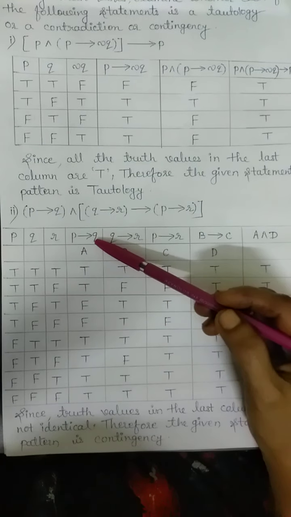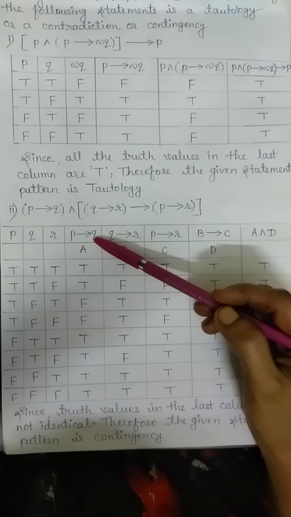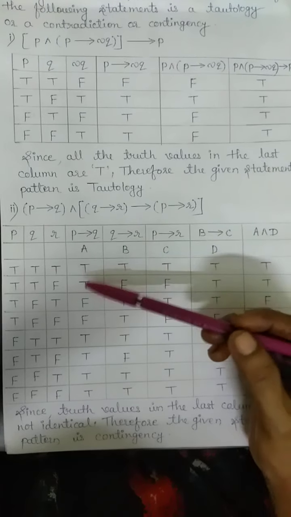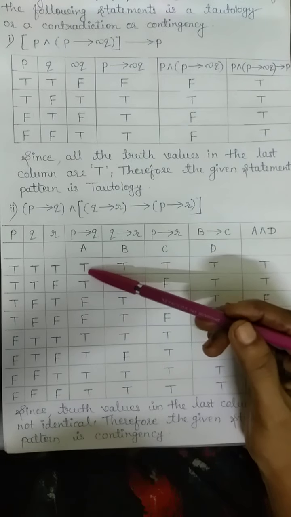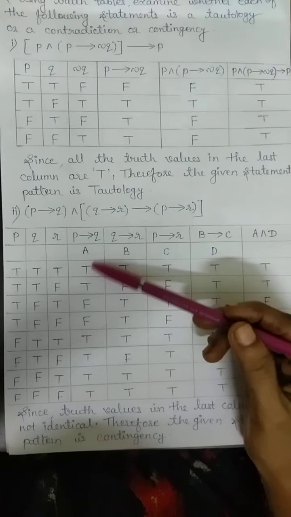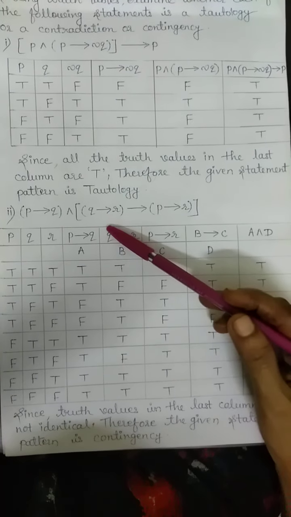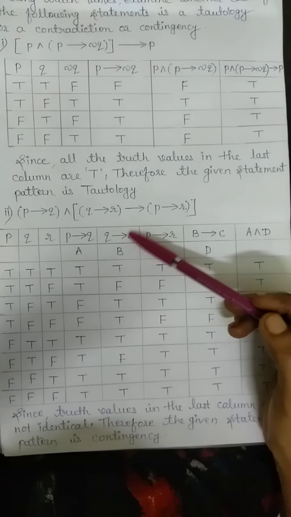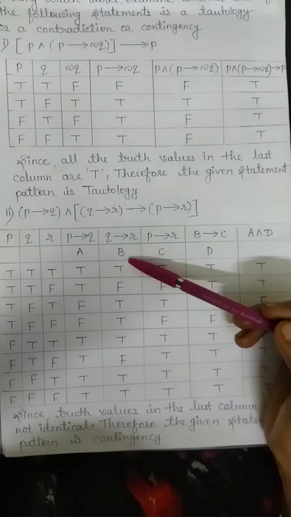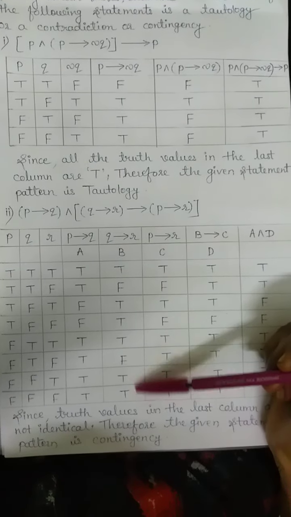Now P implies Q. First statement is true and second is false, then only answer is false, and in remaining cases answer is true. We will use that concept. Again here first statement is Q and second statement is R. By using the same concept we will get these values.